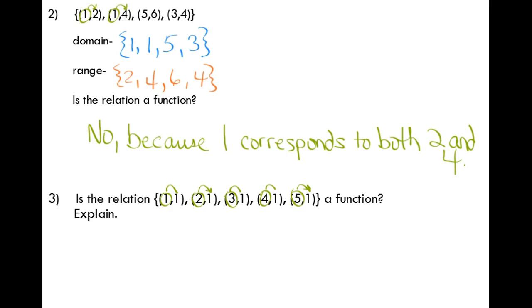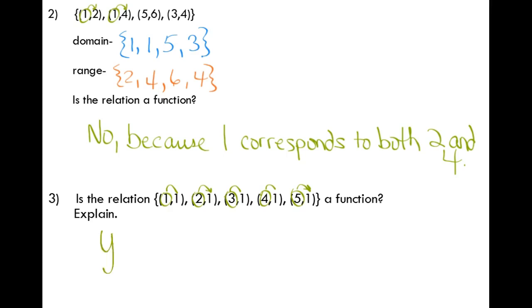And that's okay, because 1 is not mapped to anything other than 1. 2 is not mapped or corresponds with anything other than 1. So we're actually okay, even though everything gets mapped to the same thing. That's okay because it's not being mapped to more than one thing.